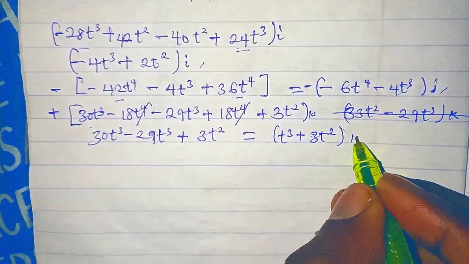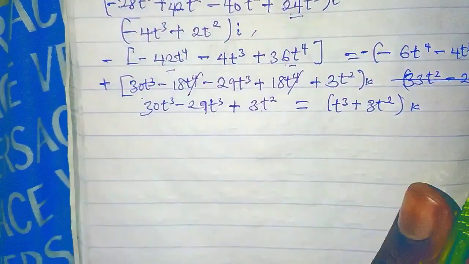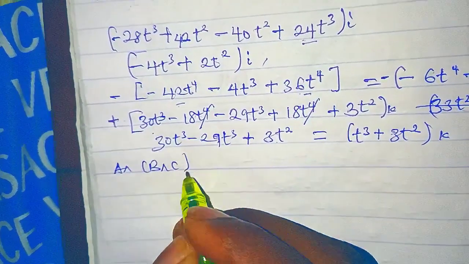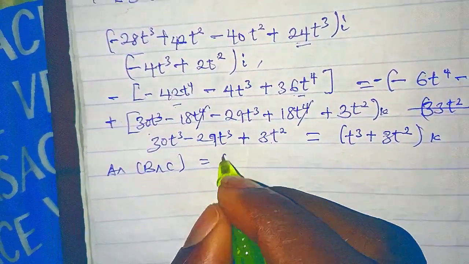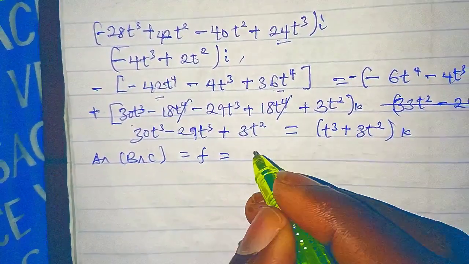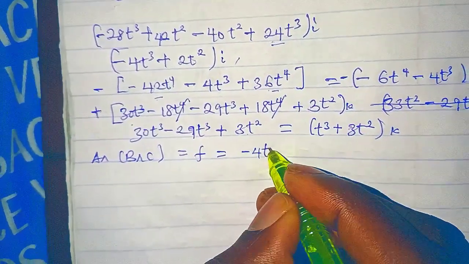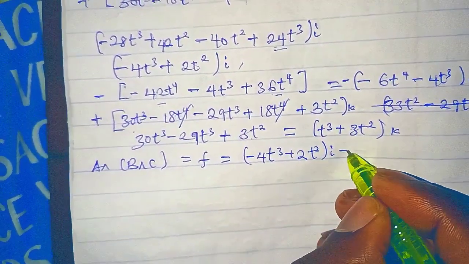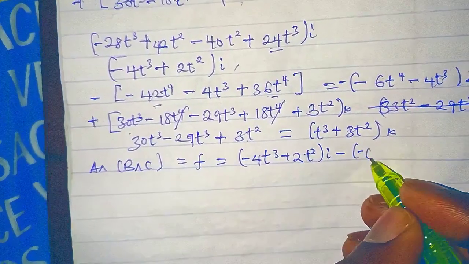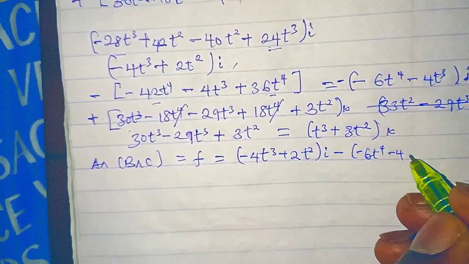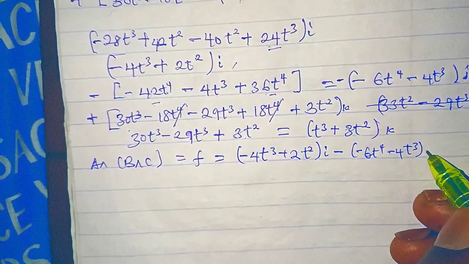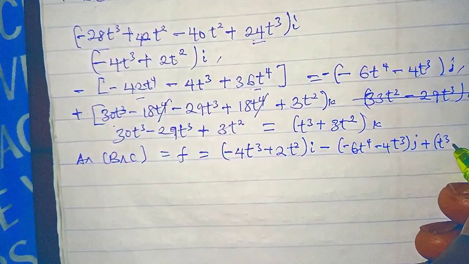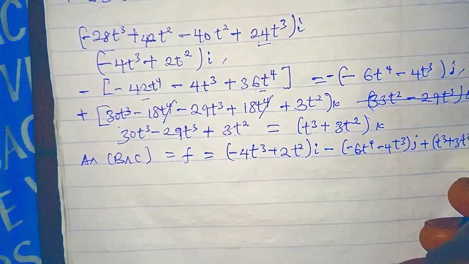So our A cross B cross C is equal to our function, and that is equal to minus 4t to the third power plus 2t squared for I, minus 6t to the fourth minus 4t to the third for j, plus t to the third plus 3t squared for k.